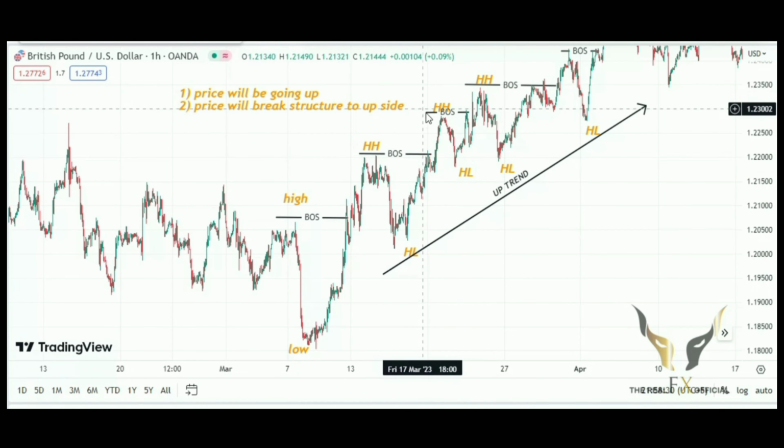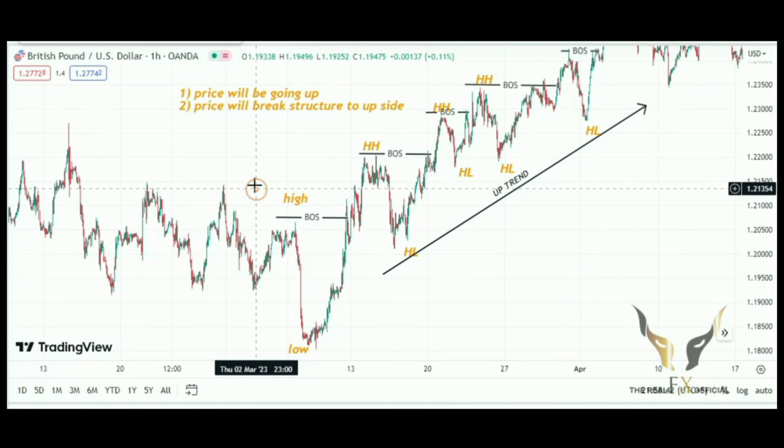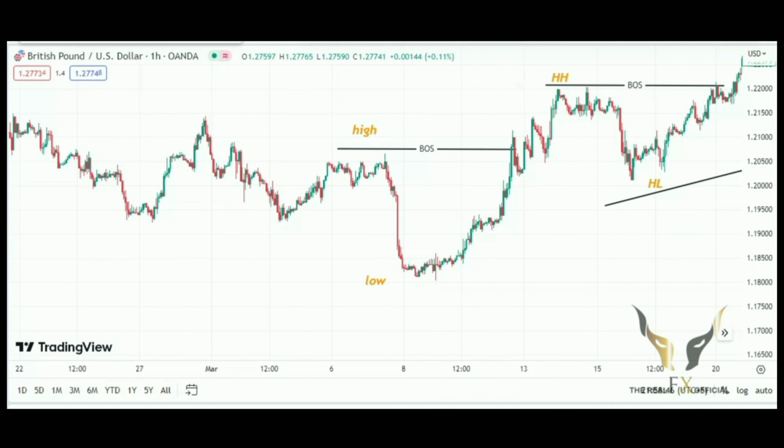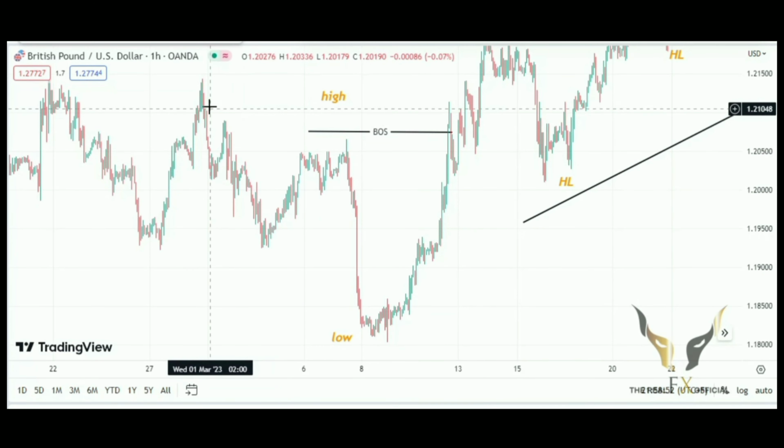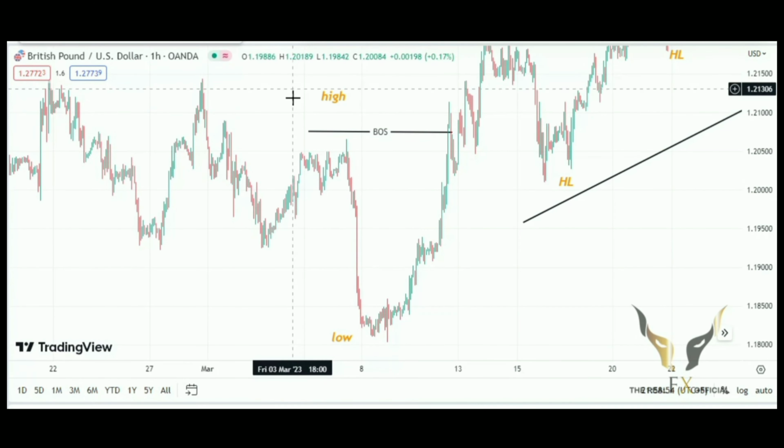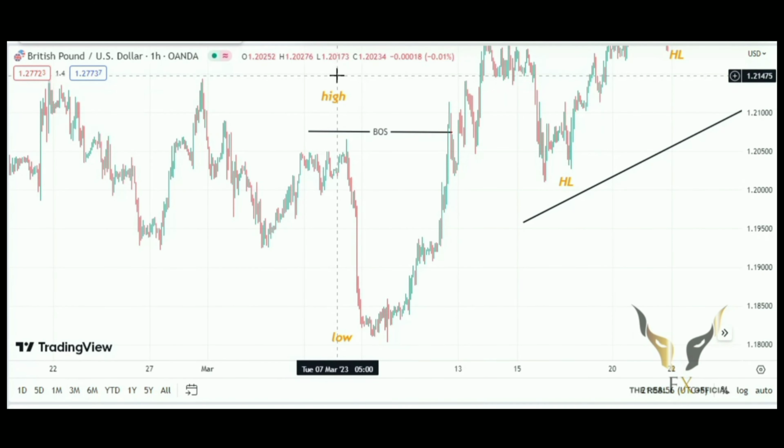So let's try to understand how the price is going up and how it is breaking the structure. What we can see just right here, okay, is that the price is going down. It has created a high, okay, then impulsively pushed to the downside, okay.